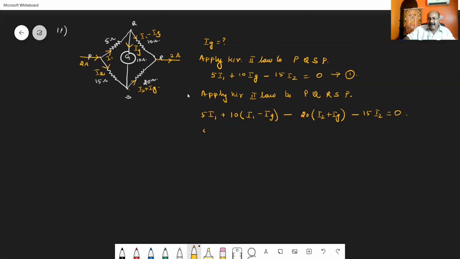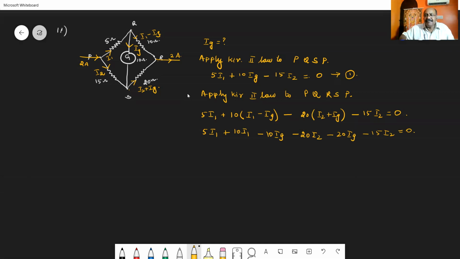Now you simplify. 5I1 plus, when you multiply, 10I1 minus 10Ig, then minus 20I2 minus 20Ig minus 15I2 equal to 0.